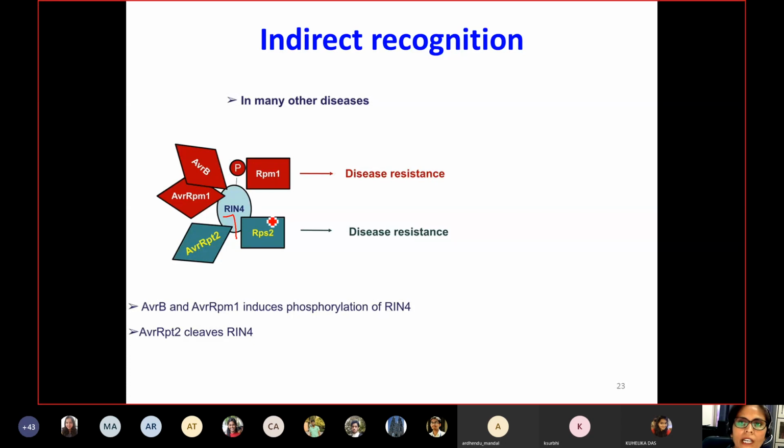By cleaving it, another molecule binds to RIN4, and then it creates disease resistance. So there are ways in which the R gene can be activated by different effector molecules, generating a certain kind of immunity. So both direct as well as indirect recognition exist.